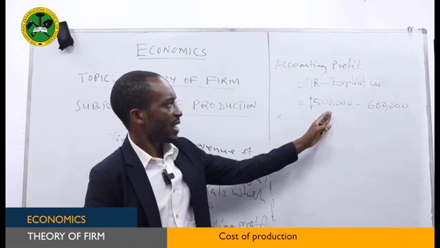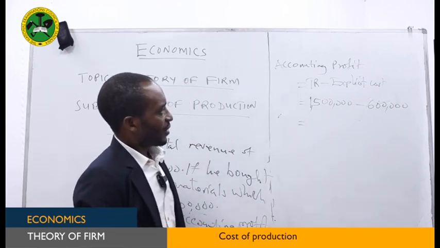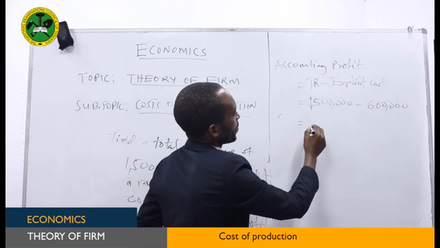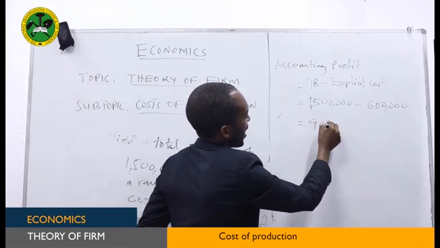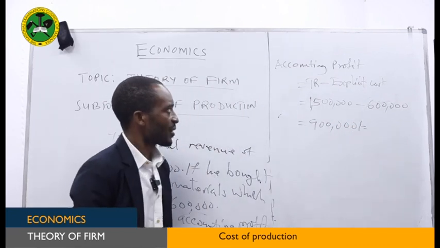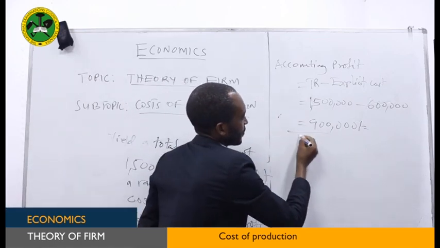So when you subtract here, the accounting profit will be equal to 900,000. So the accounting profit will be this one.